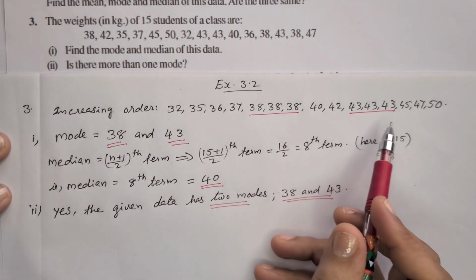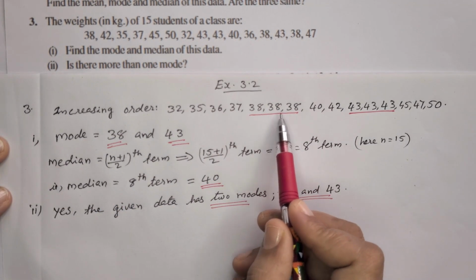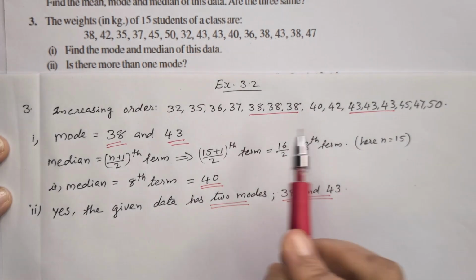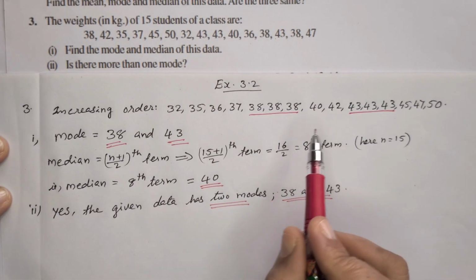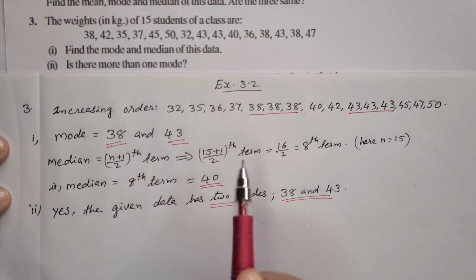First we arrange that in increasing order. Here we can see 38 is repeating 3 times and 43 also 3 times. That means 2 modes are here. Mode is equal to 38 and 43.